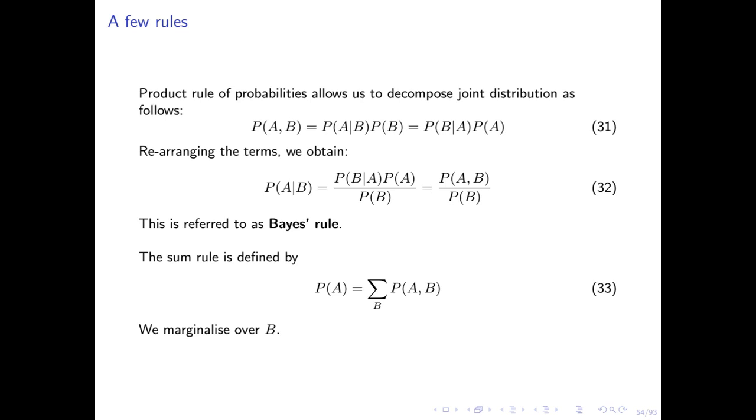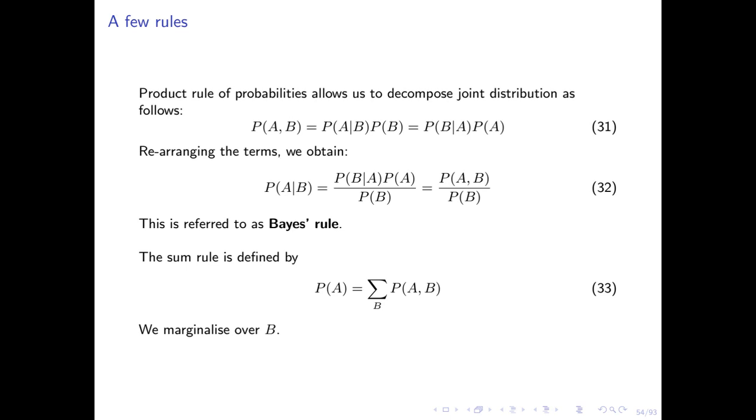Okay. There was a suggestion that we can use Bayes' rule for this. Before we do that, we just need to first understand what Bayes' rule is. So if we look at the product rule of probabilities, we can decompose a joint distribution over 2 random variables A and B. We can decompose it as the probability of A given B times the probability of B equals the probability of B given A times the probability of A. We can rearrange these terms to find an equation that looks like this, which is Bayes' rule.